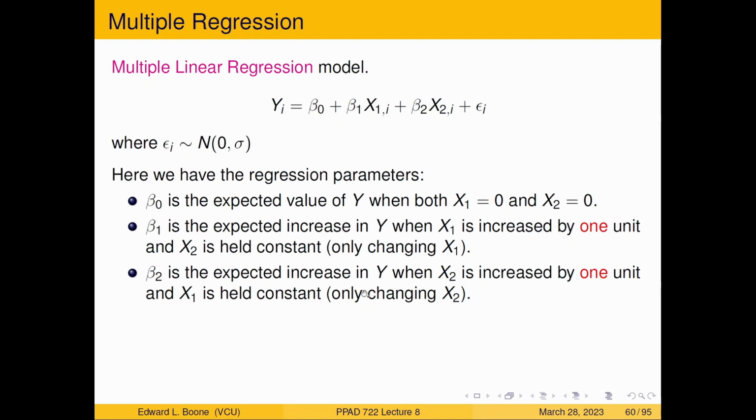Beta 2 is the expected increase in y when x2 is increased by 1 unit and x1 is held constant. So that means we're only going to change x2. And you'll often hear people say all else held constant or all else equal. That's what they mean. We're not going to change the other variable. We'll only look at the effect of x2 when the other ones are held to a constant value.